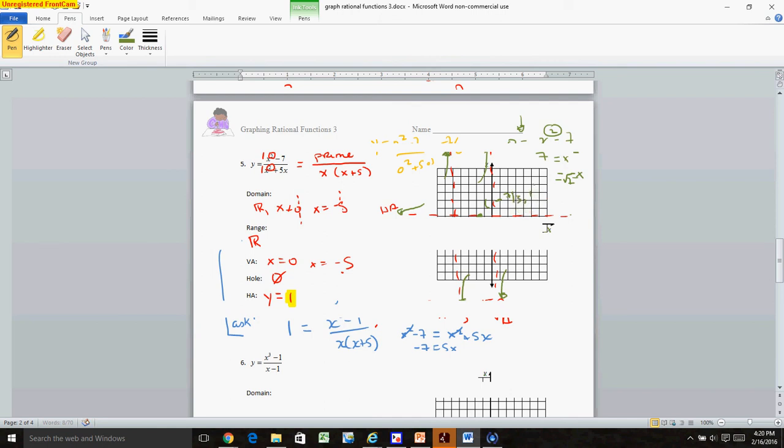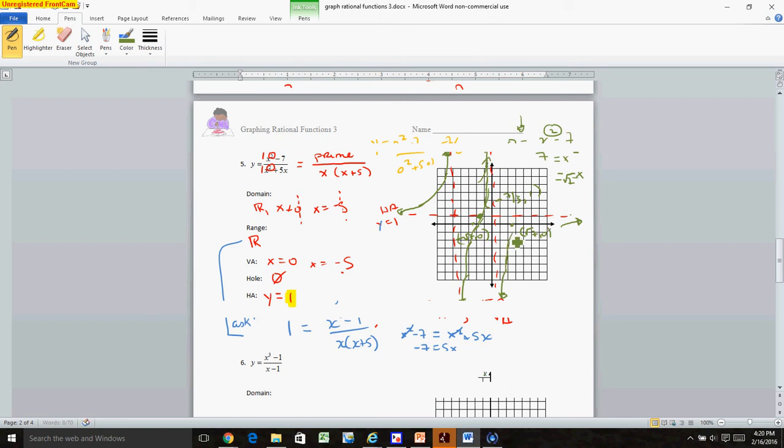comma 1. And now I just connect everybody else, and I look at my calculator to help me with my shape. Hit the x-intercept, hit the horizontal asymptote, and swoosh.